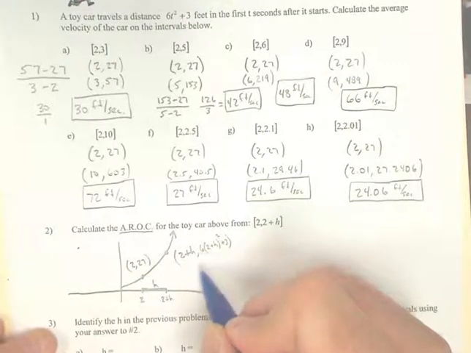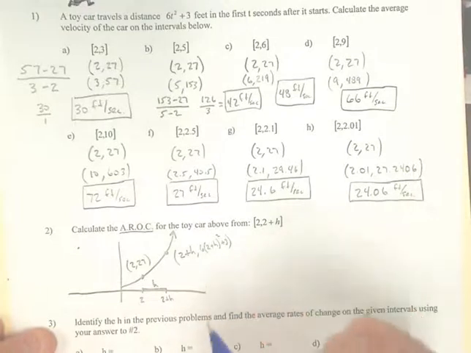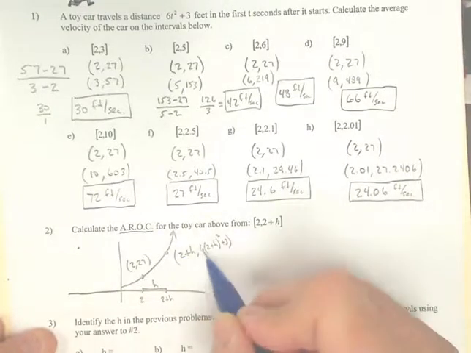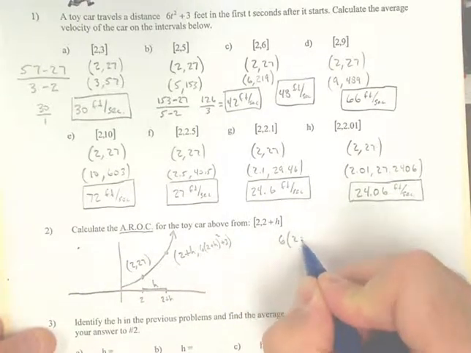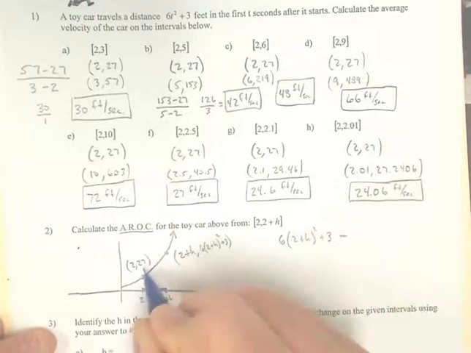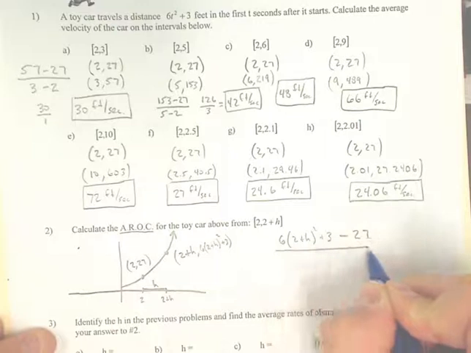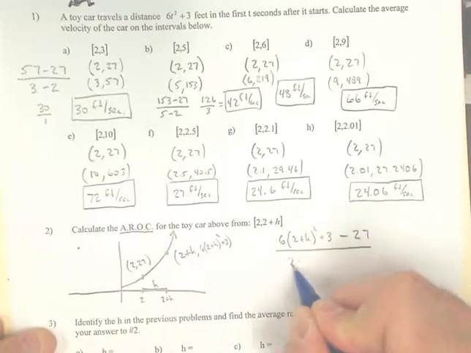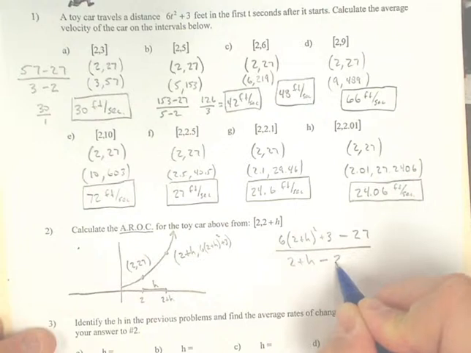The average rate of change is the slope of the line that connects two dots, so we need to find the slope of the line connecting these two. We do difference of the y's over difference of the x's, starting with the big y, in this case the ugly y. So we do 6 times (2 plus h) squared plus 3, minus the pretty y, 27, all over the ugly x value minus the pretty x value.